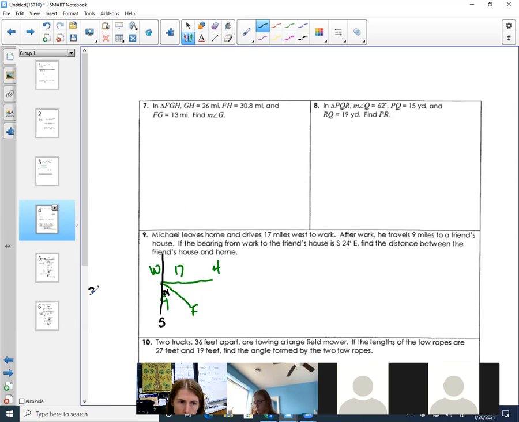So I'm going to take 90 minus 24 and get 66, and that's this angle right here. It says find the distance between the friend's house and the home. And if you look, W is here. So I'm going to call this W because it's opposite of it.